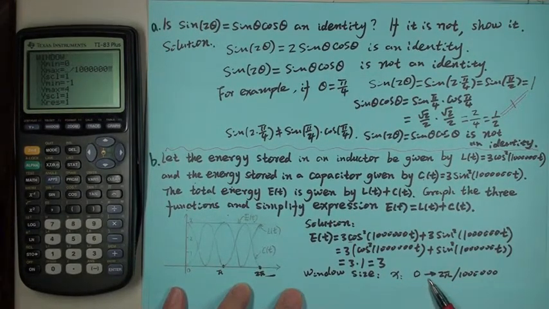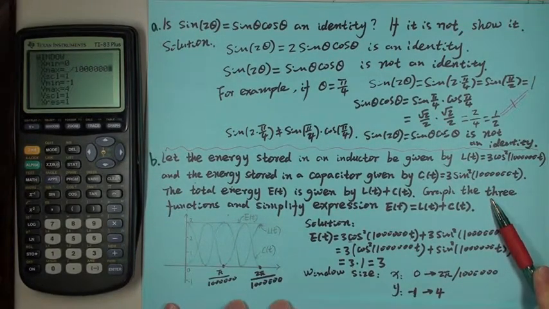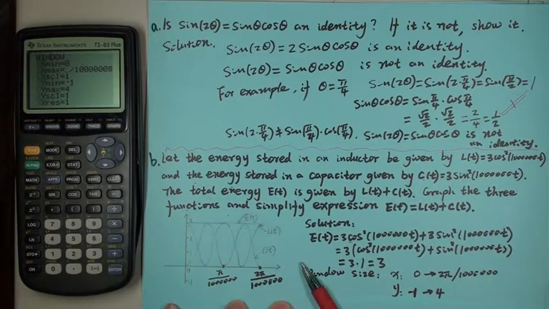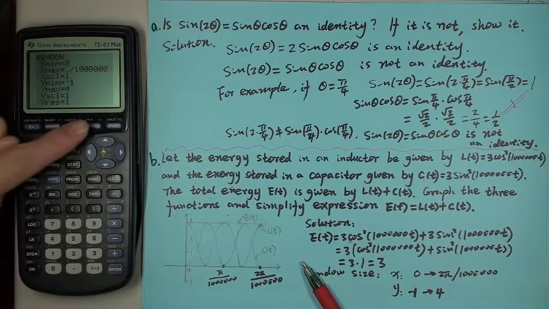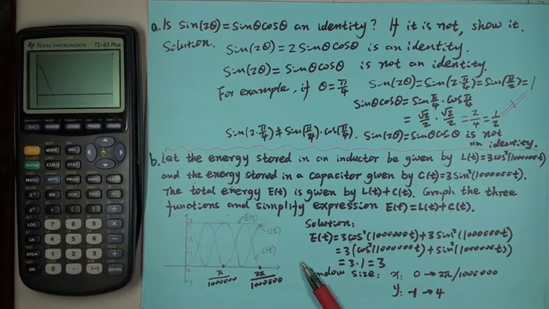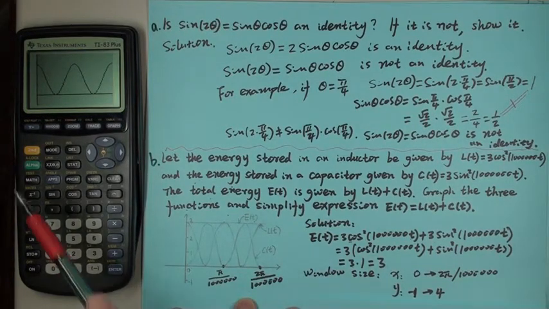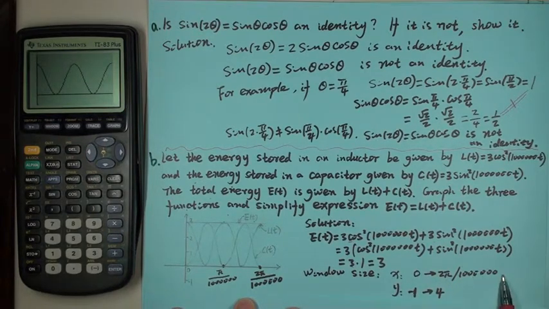So for x is from 0 to 2 pi divided by 1 million, and for y is -1 to 4. After you set up this one, you then can graph it. Okay, this is from 0 to 2 pi divided by 1 million.